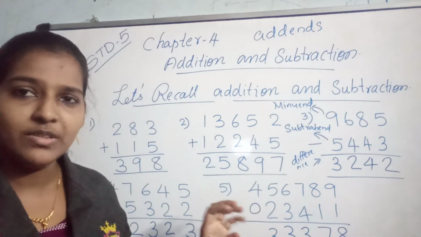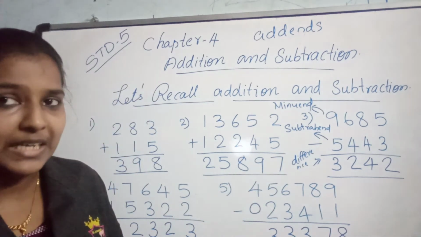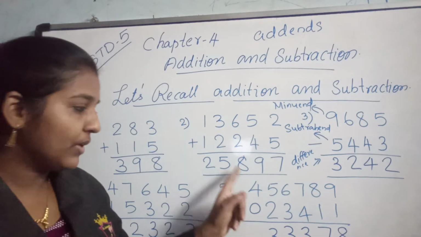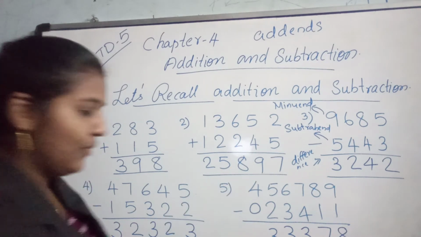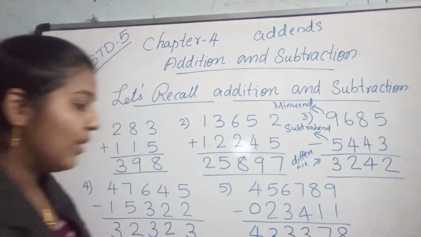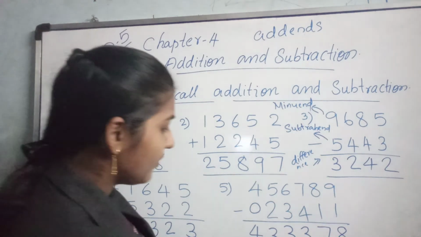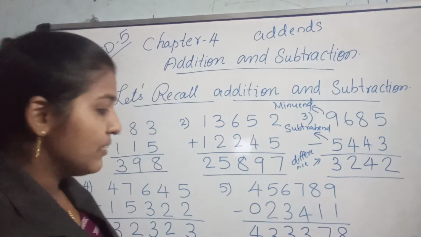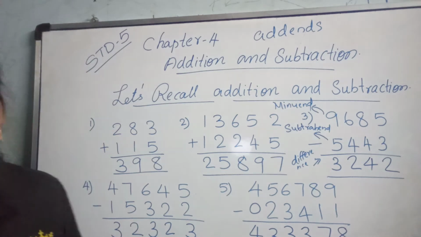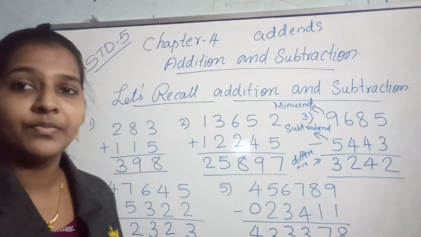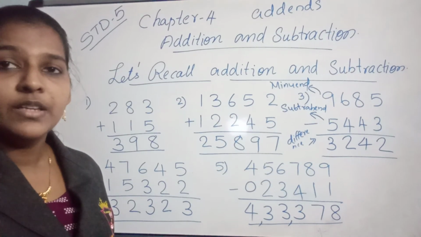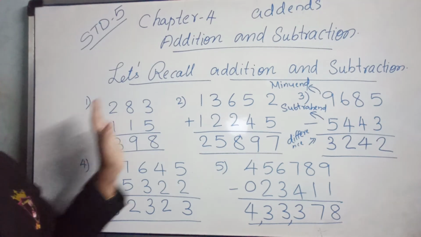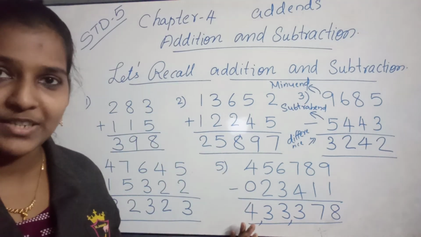That is, we are not subtracting any number from that number. Okay. So 4 minus 0 is 4, that number itself. So we got the answer 4,33,378. Clear, children? Alright. So this is just a recall session of addition and subtraction.